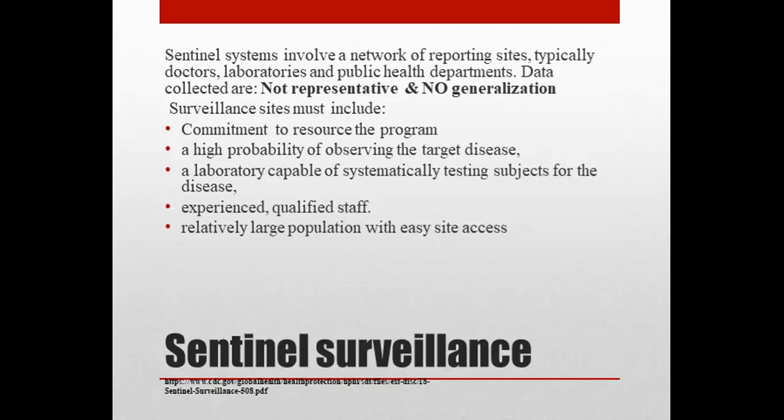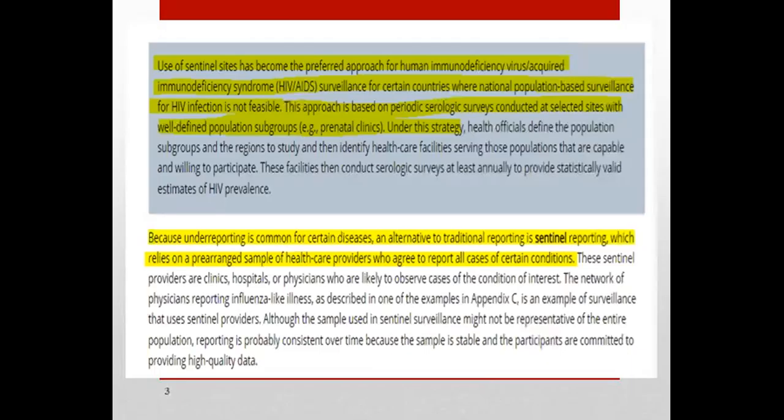So surveillance sites must include a commitment to resource the program, a high probability of observing the target disease, a laboratory capable of systematically testing subjects, experienced or qualified staff, and a relatively large population. The sentinel site has become the preferred approach for human immunodeficiency virus (HIV) surveillance in certain countries where national population-based surveillance for HIV is not feasible.